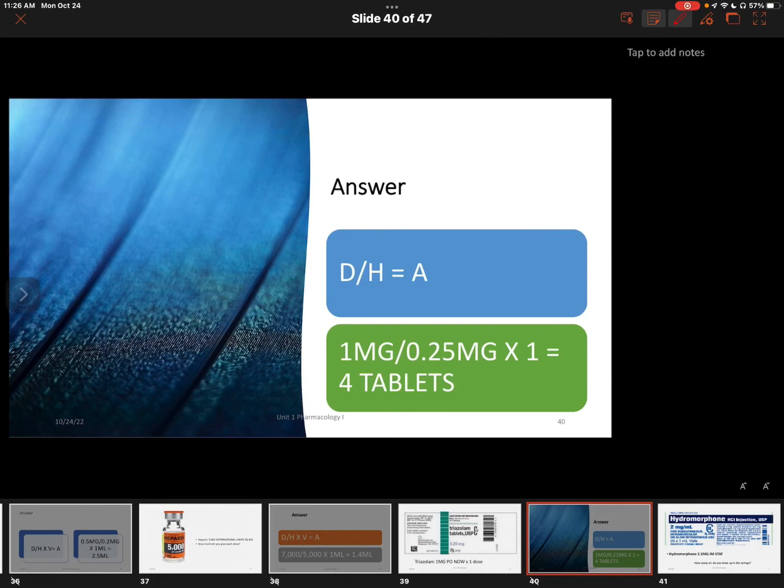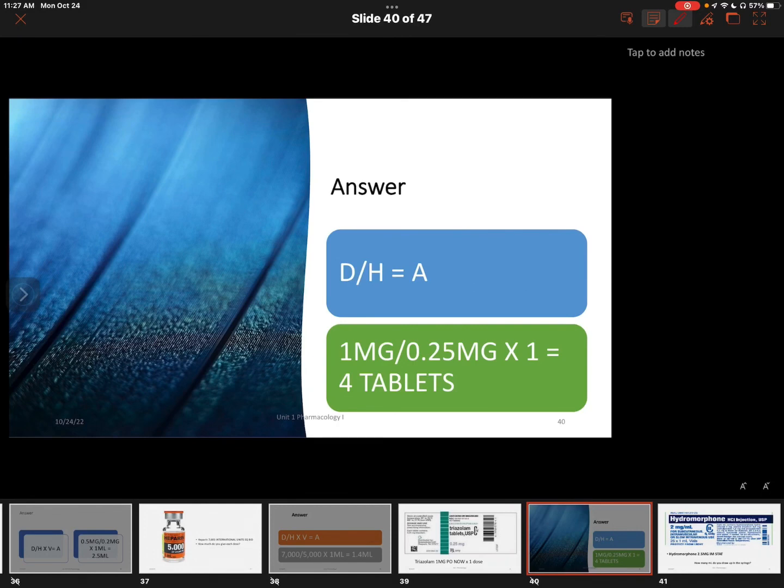Here I have multiply times 1. The previous book had always recognized that a tablet or a capsule represented 1. And so this is an oral medication of tablets. You would multiply by 1. That number would always be 1. And it equals 4 tablets.